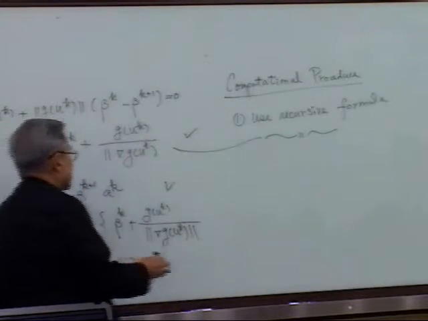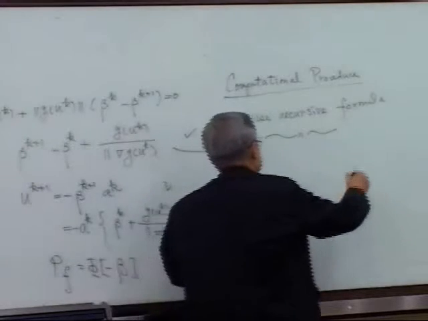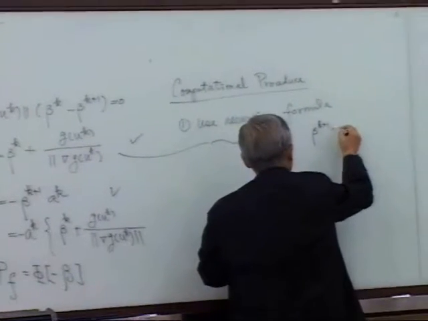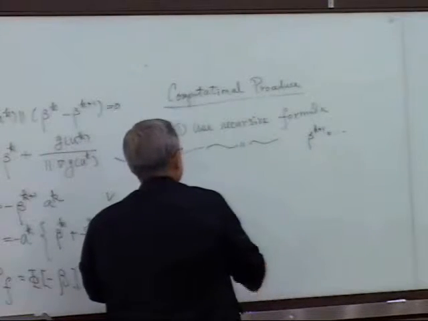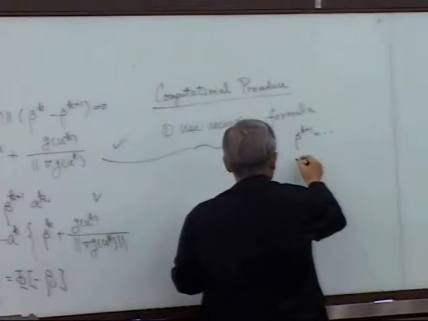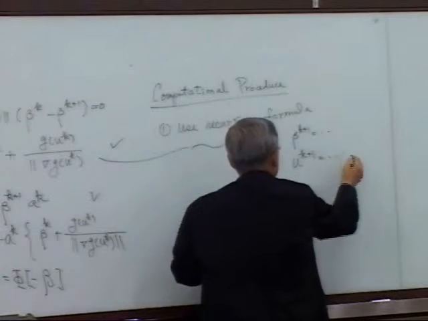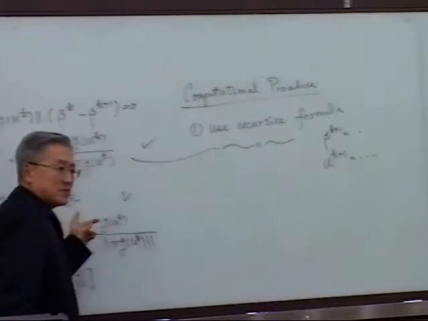That's what is right here, and this is for beta_{k+1} right next to it. The second equation is the recursive formula, which I just wrote here.